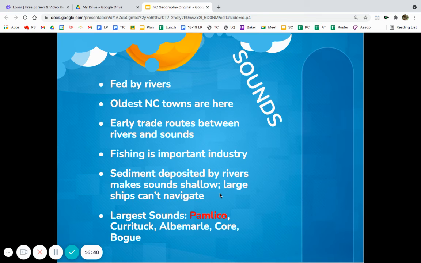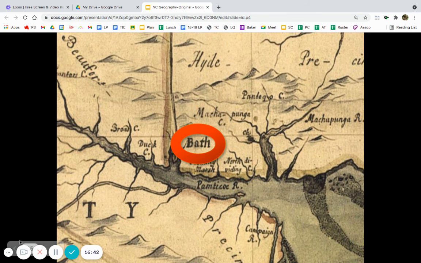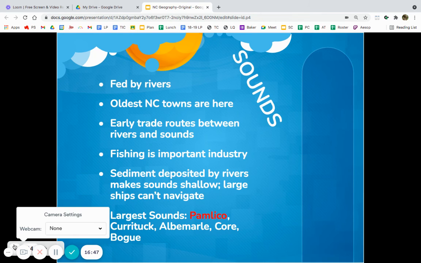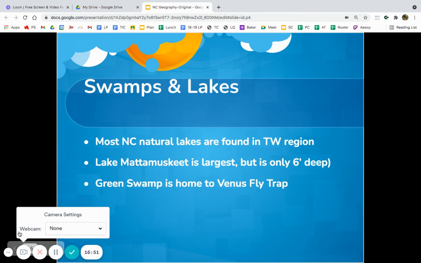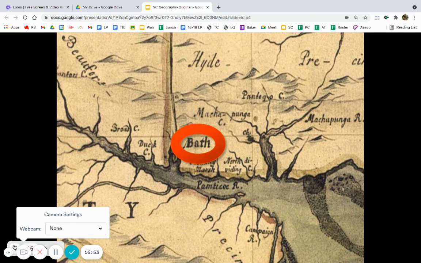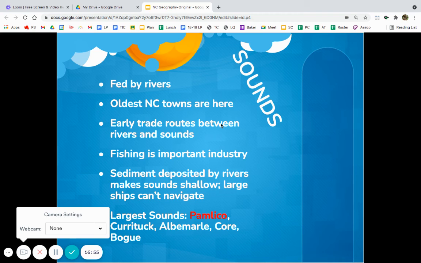Because they're not as deep, it was hard many years ago, and even today, to get these big ships into that area.